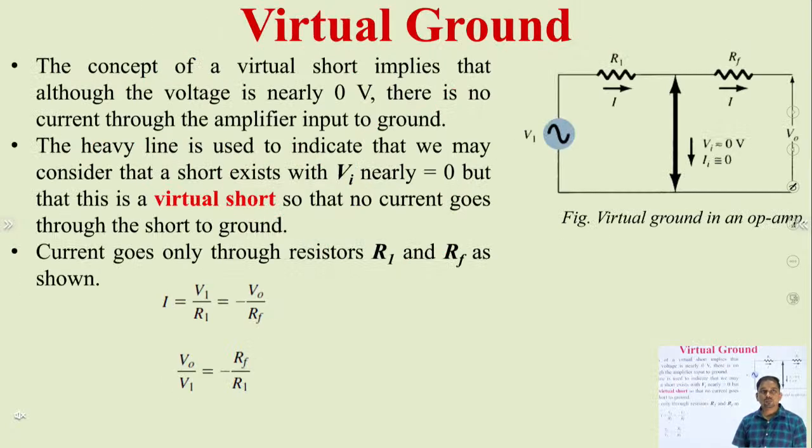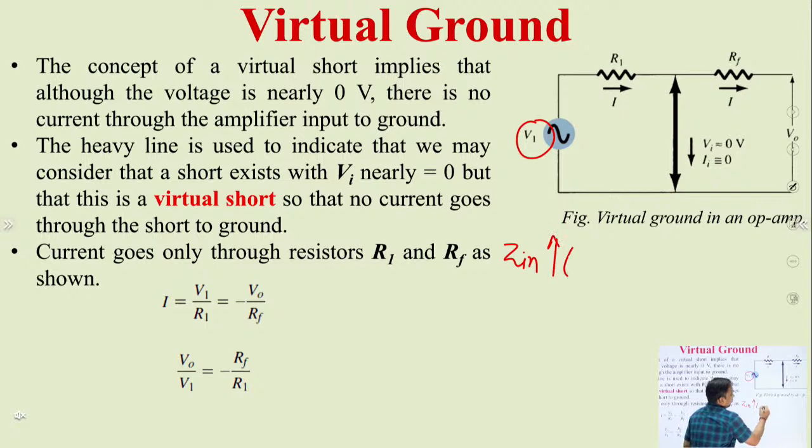Now the virtual ground concept. This concept is quite easy, as we are aware that the input impedance of the op amp is very high, or ideally it is infinite.